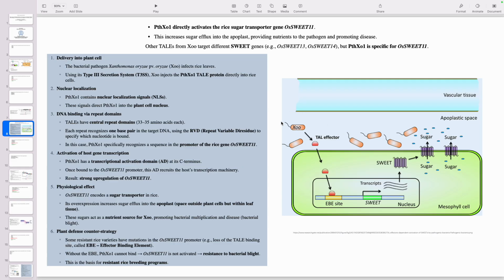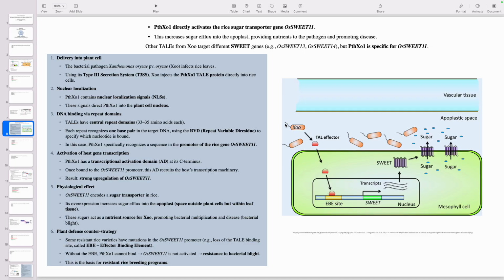Some resistant rice varieties have a mutation in the OS sweet 11 promoter, in the EBE, the effector binding element. They mutate or remove this promoter region so that PTHXO1 cannot bind to it, which leads to resistance to bacterial blight.